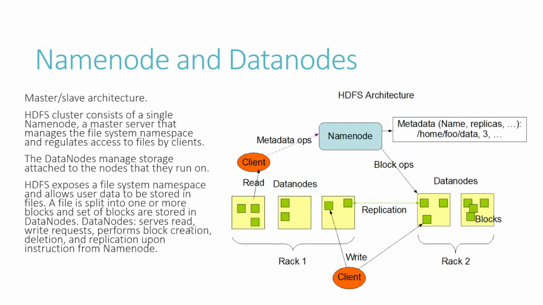So what the data nodes do is serve read and write requests. Any read request, where somebody is looking for information, or write request, where somebody is adding more information, is handled by the data nodes. They create the blocks.